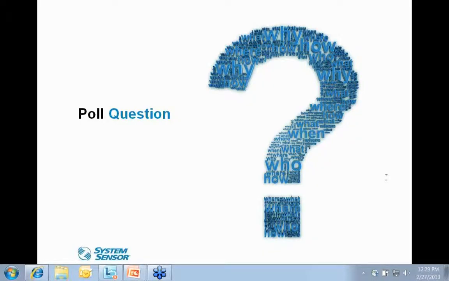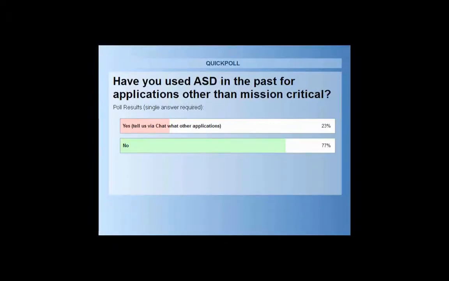Okay, very good. Let me go ahead and post the poll results. They're pretty interesting. It looks like a very high percentage have used ASD in past applications other than mission critical. No is 3 out of 4 responses. And what's interesting here, guys, is the type of chats that are coming in. They've used it in a telephone central switch operation.